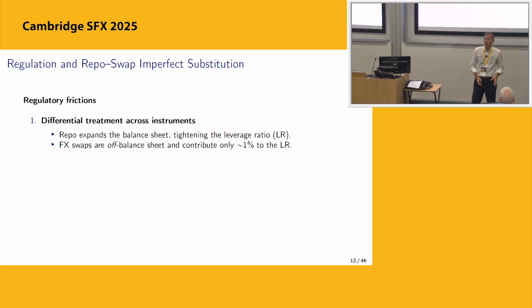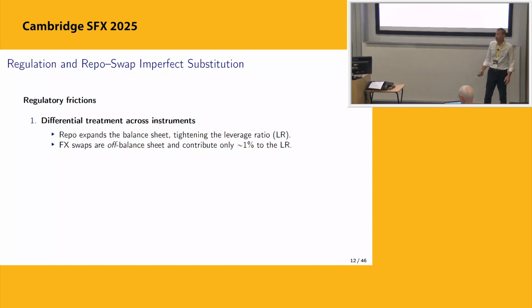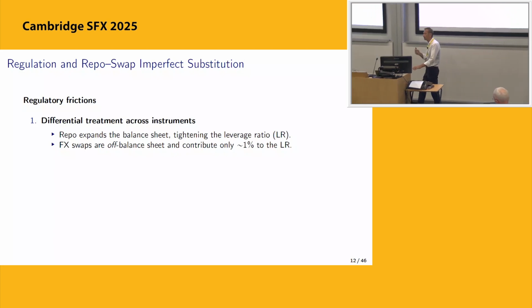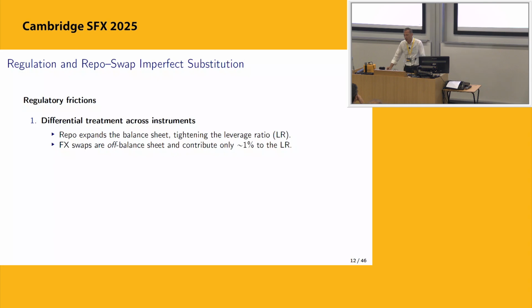If you instead borrow the equivalent amount via FX swap, this is off-balance sheet, and just a tiny 1% will contribute to the Basel III leverage ratio. I will return to that.